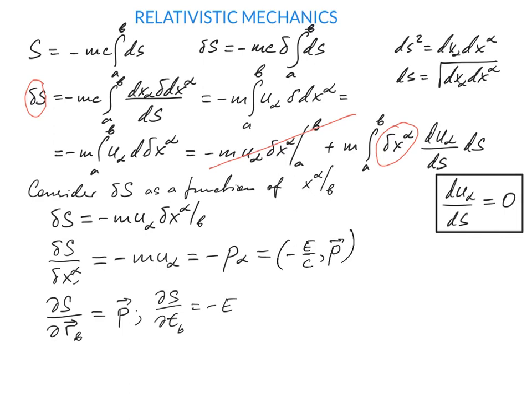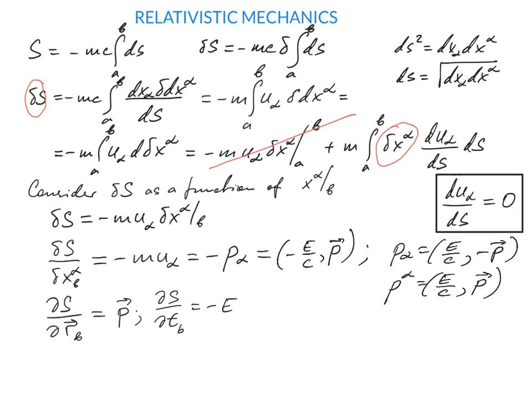Now from here it follows that p^α is just E over c and minus p. Now these are the covariant components of a 4-vector, so the contravariant components are just E over c and p. So the energy and momentum form part of one single 4-vector.